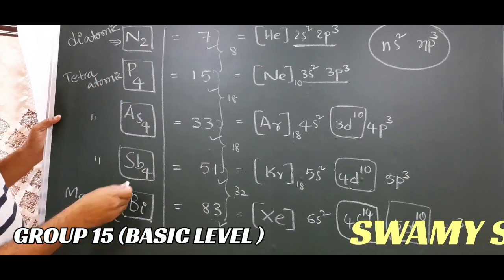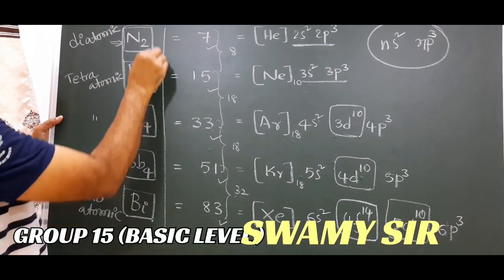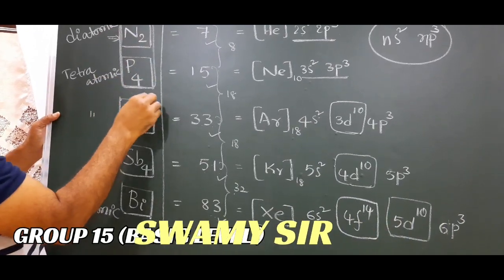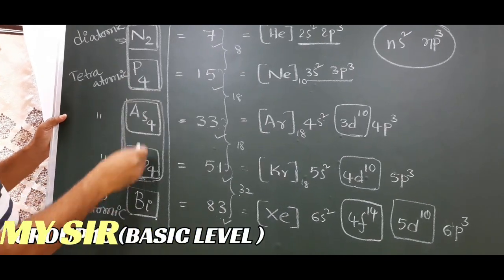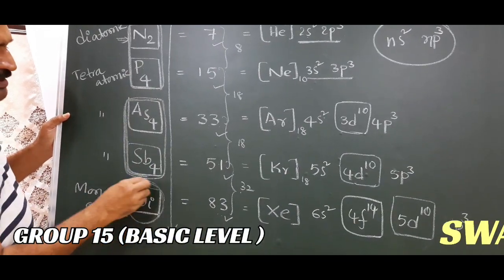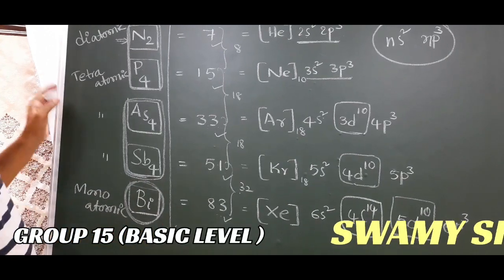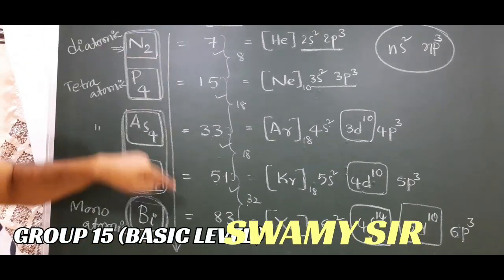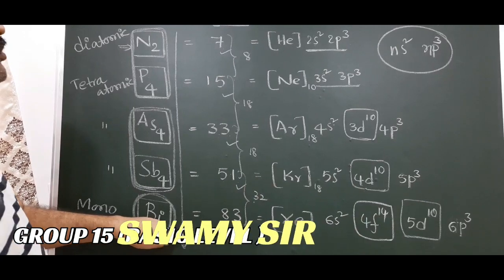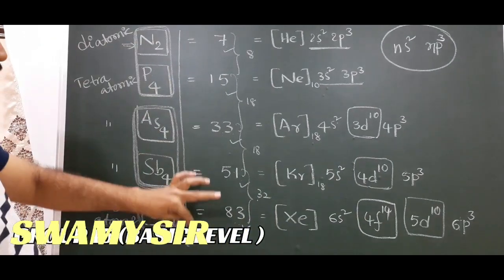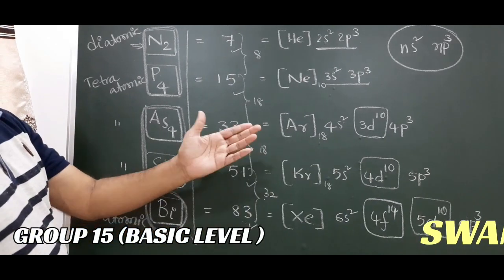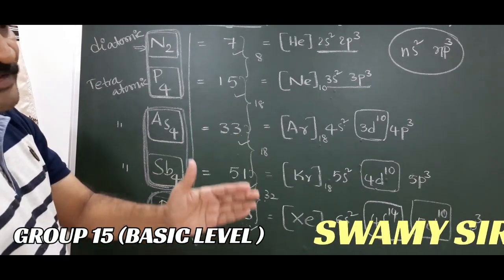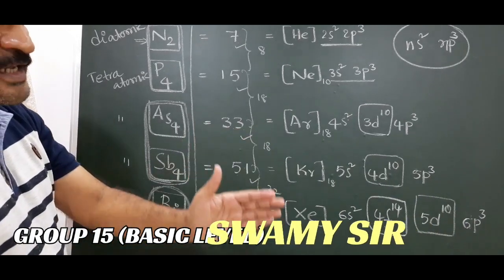So among these elements, these two are non-metallic and these two are metalloids. As the metallic nature increases, bismuth is the metal. I am repeating, from nitrogen to bismuth, or in any given group, from top to bottom atomic radius increases. If atomic radius increases, basic nature increases, electropositivity increases, metallic nature increases.